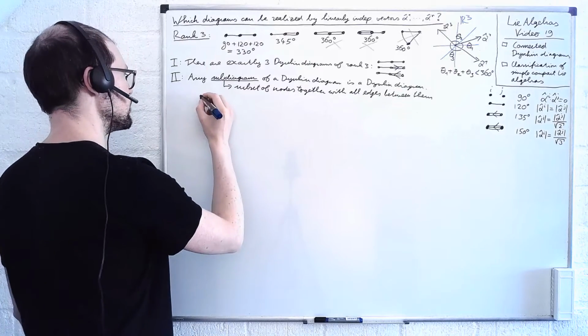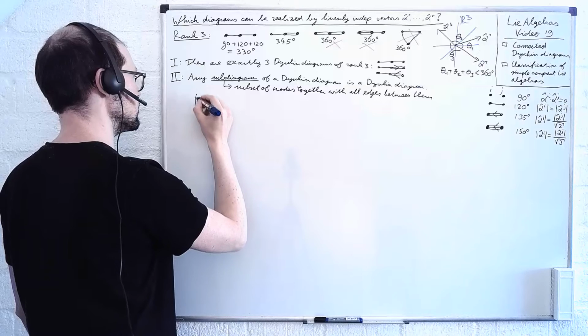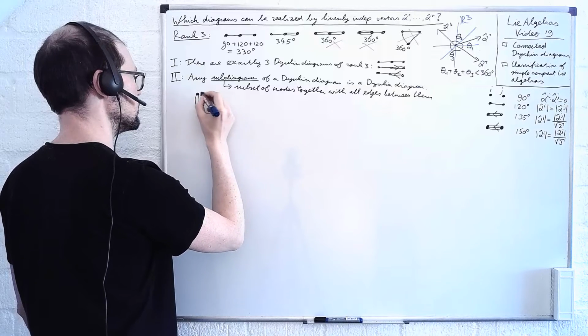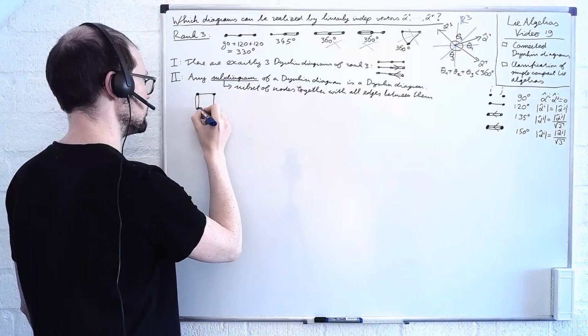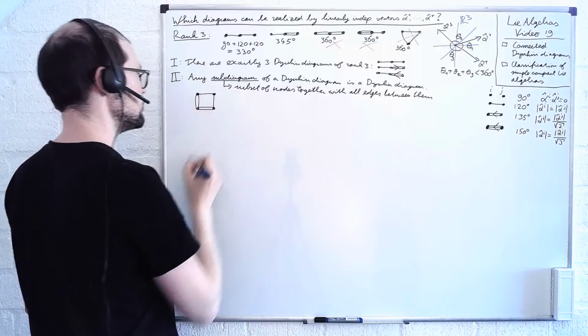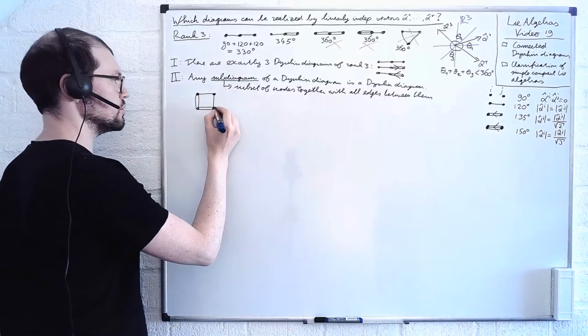So here's an example. Let's look at the following diagram. Maybe something like this. So I have 2 double edges and 2 single edges.